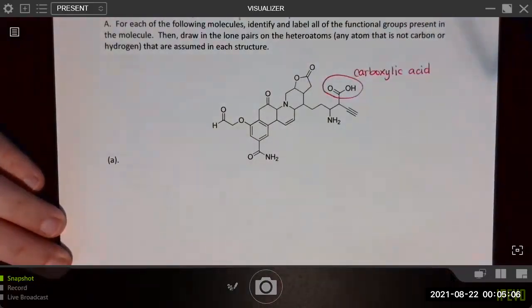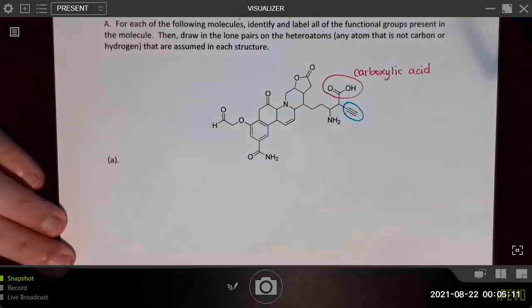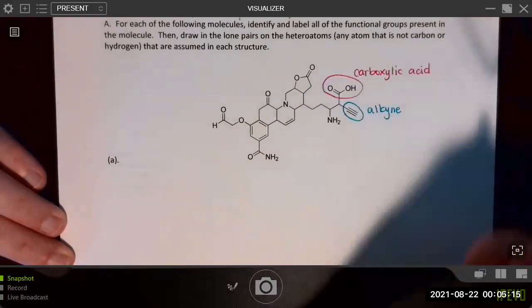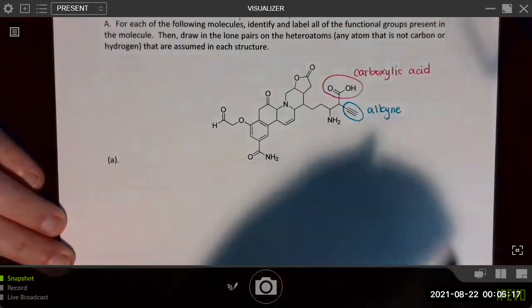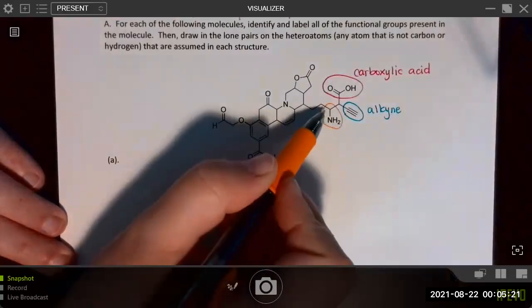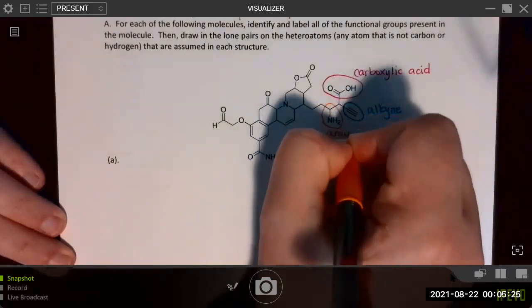Right, and then down here, this one jumps out at you, an alkyne. And then this nitrogen is attached to a carbon that does not have a carbonyl, called an amine.